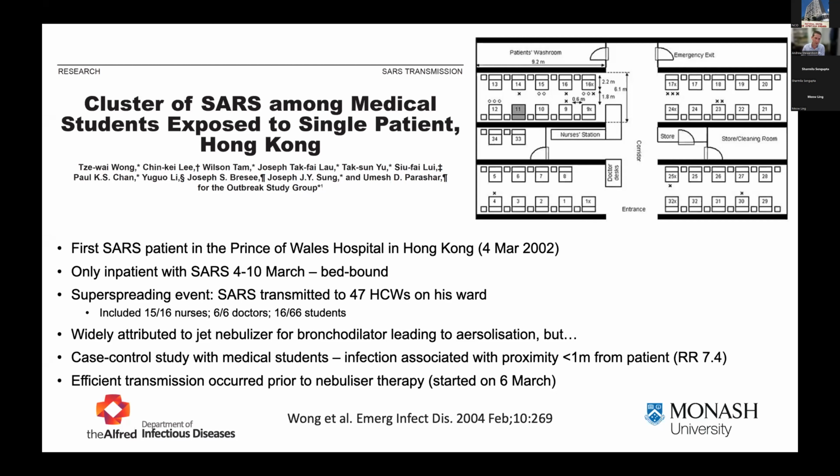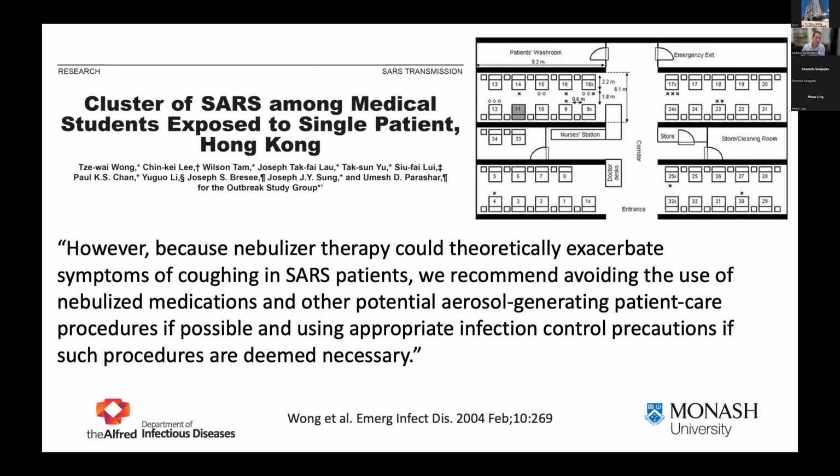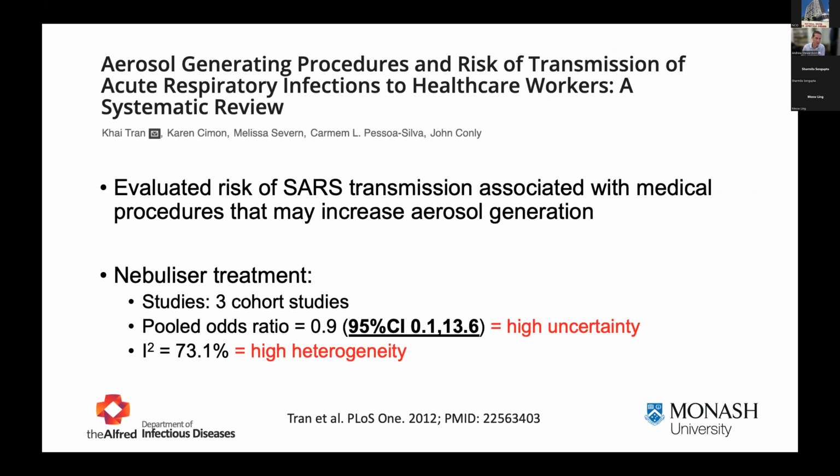So there were lots of healthcare workers and students being infected from the 4th to the 6th of March, which is before the nebulizer therapy was started. But their conclusion was that because nebulizer therapy could theoretically exacerbate symptoms of coughing in SARS patients, they recommended avoiding the use of nebulized medications and other potential aerosol generating patient care procedures if possible, or use appropriate infection prevention precautions.